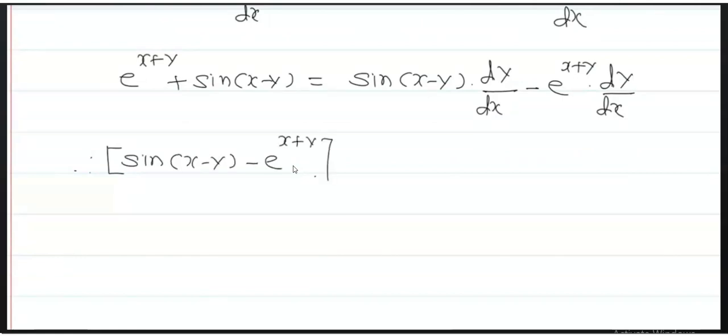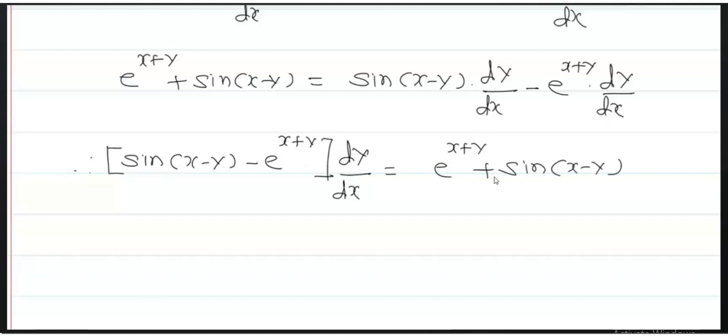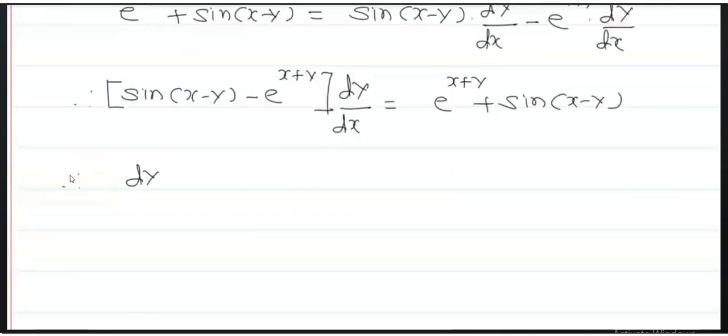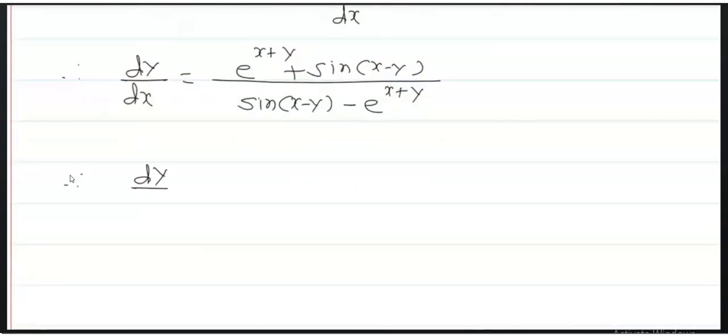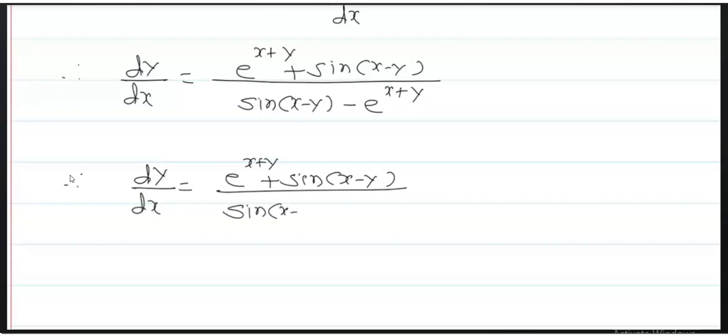Therefore, sin of x minus y minus e raised to x plus y into dy by dx is equal to e raised to x plus y plus sin of x minus y. Therefore, dy by dx is equal to e raised to x plus y plus sin of x minus y upon sin of x minus y minus e raised to x plus y.